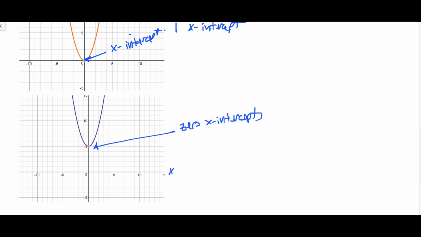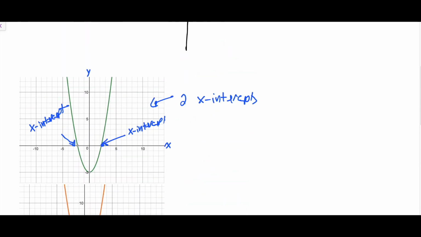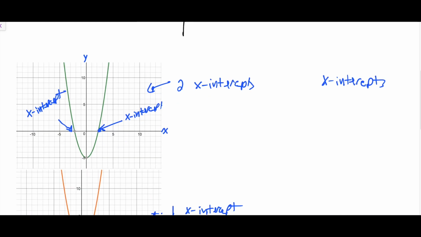Okay. Now, there are like 5 different terms for x-intercepts. They all mean the same thing. So x-intercepts is the same thing as, I'll put them all here. They could be called the x-intercepts. They could be called the solutions. How many solutions are here? 2.